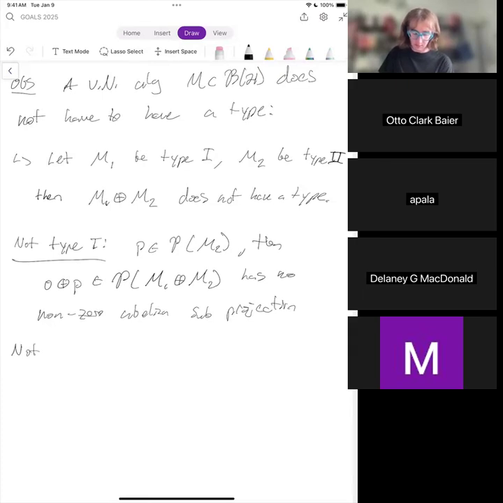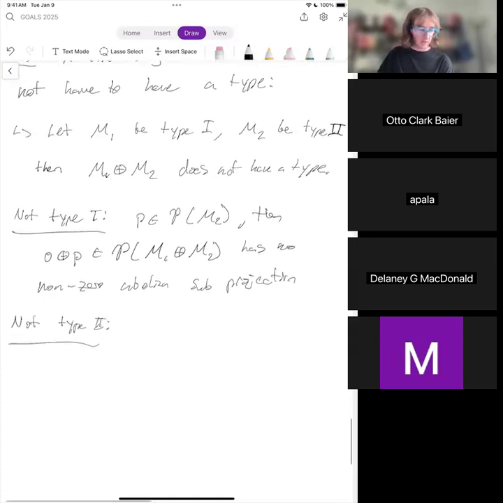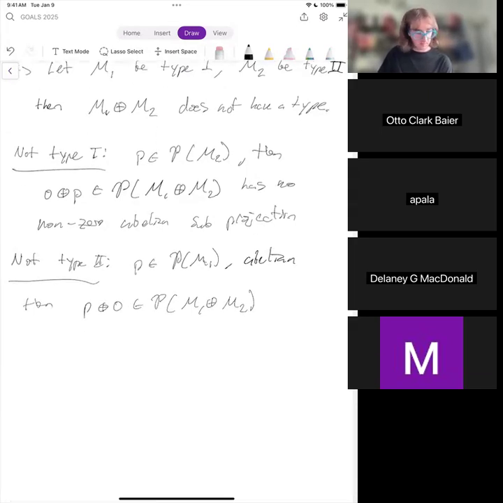And the direct sum of these two von Neumann algebras cannot be type 2, because now if we start with an abelian projection from M1, then that projection direct sum 0 is again a projection for the sum, and it's still a non-zero abelian projection.